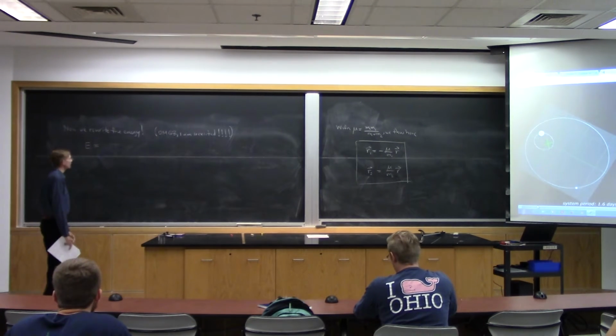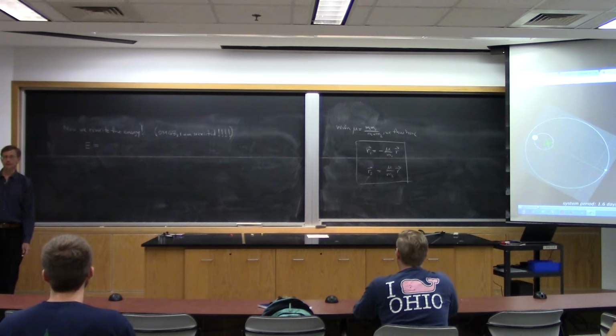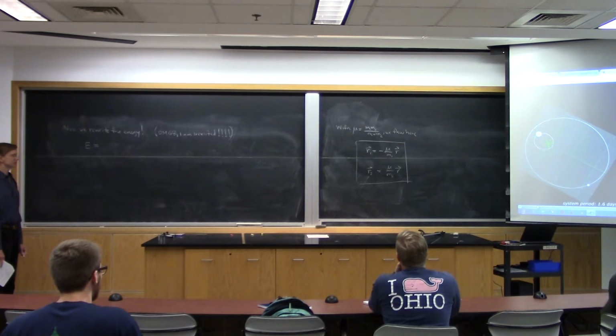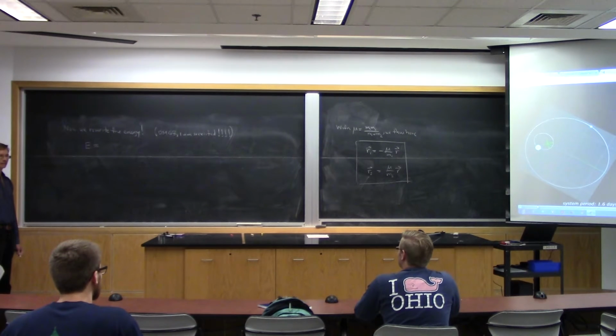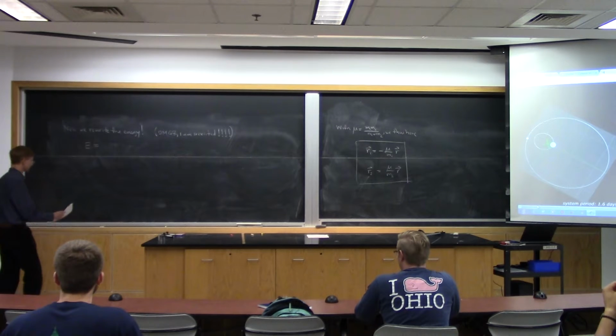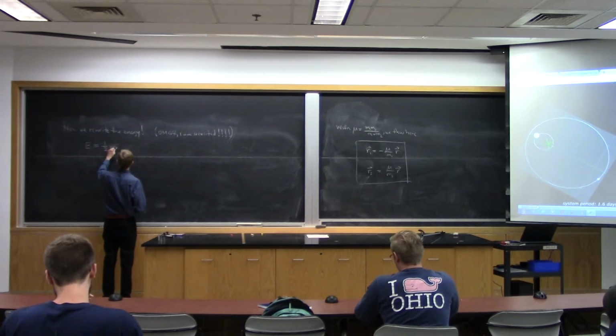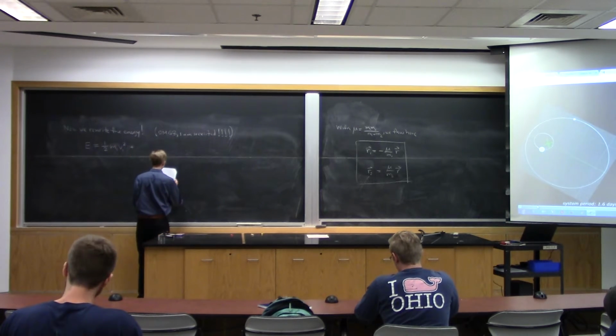So in terms of the one-body problem, energy will be the sum of the kinetic energies plus the mutual gravitational potential energy. So, what's the generic expression for kinetic energy? 1/2 m v squared. So there will be a 1/2 m1 v1 squared and a 1/2 m2 v2 squared.